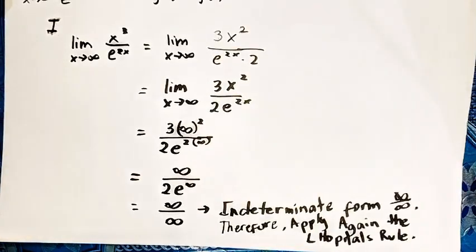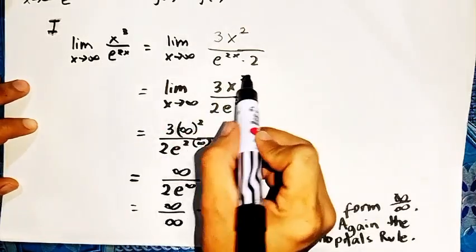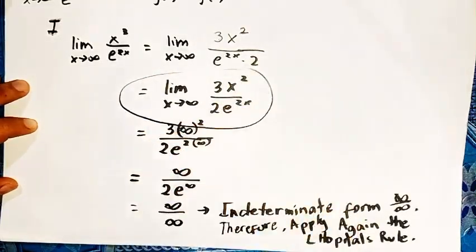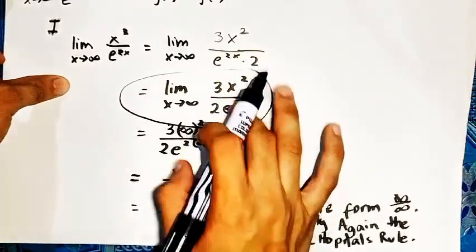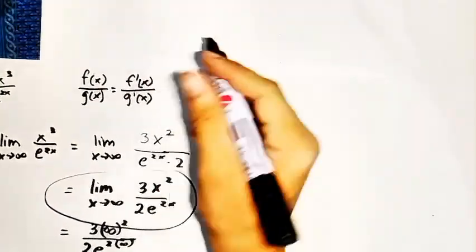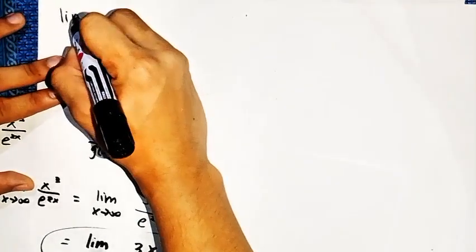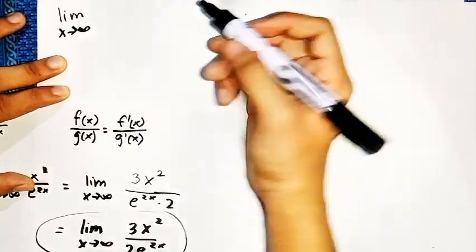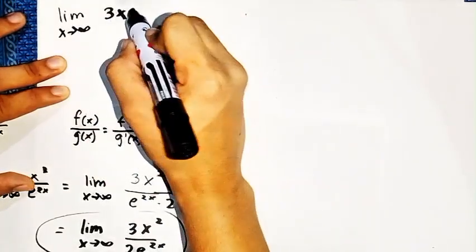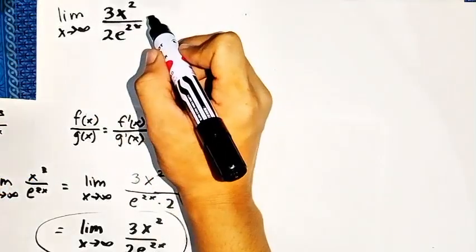In applying again the L'Hopital's rule, we're going to use this equation. Since we already derived the equation, let's derive it again. So that is the rule. Let's copy this. So we have limit x approaches infinity, 3x squared over 2e to the power of 2x.